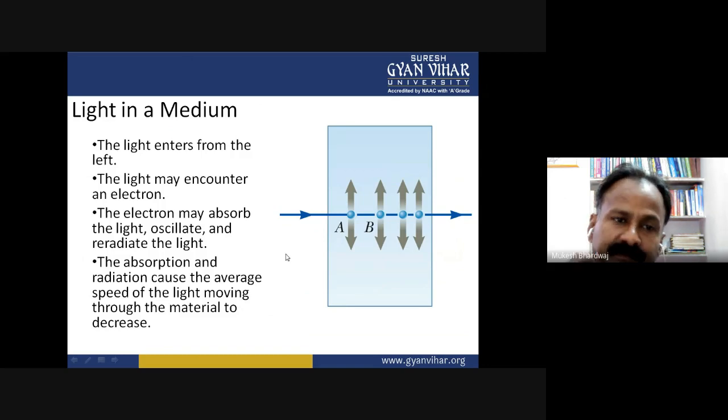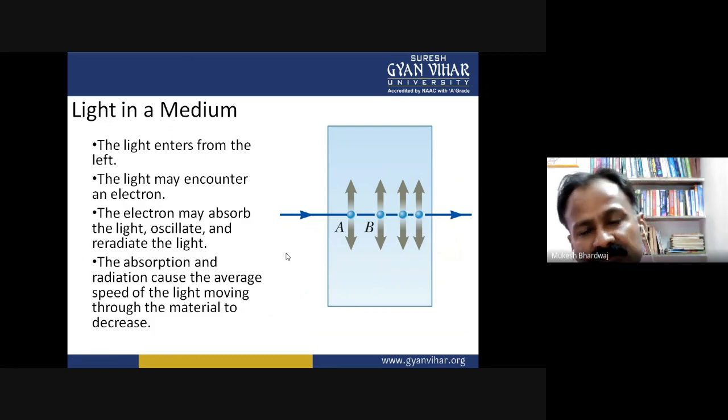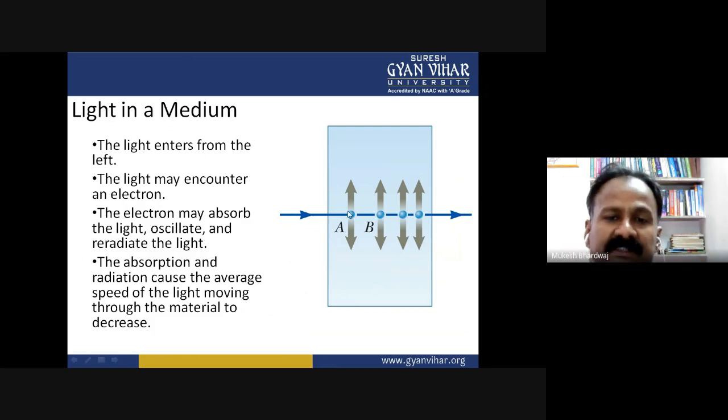Light in a medium. Light enters from the left. The light may encounter an electron. In a pictorial representation, a light enters a medium from the left-hand side and encounters an electron.